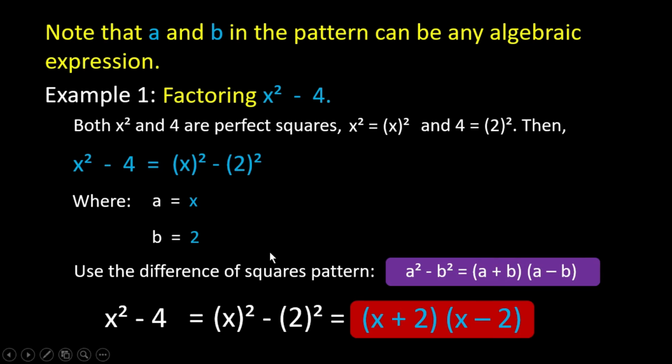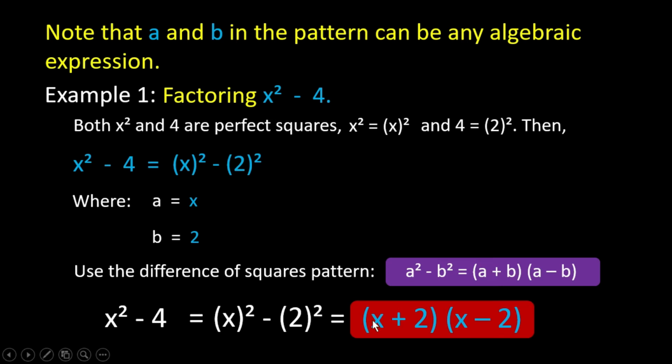Tandaan nyo, guys, yung pinaka-point natin sa pag-process ng ganito ay para makuha lang yung value ng A at saka B. So, pag nakuha na natin yung value ng A at saka B, madali na nating i-substitute sa pamamagitan ng paggamit ng formula na ito or pattern na ito. So, pag meron na tayong value ng A, ilagay mo lang dyan, value ng B, ilagay mo lang dyan, then, it follows na yung next na process.